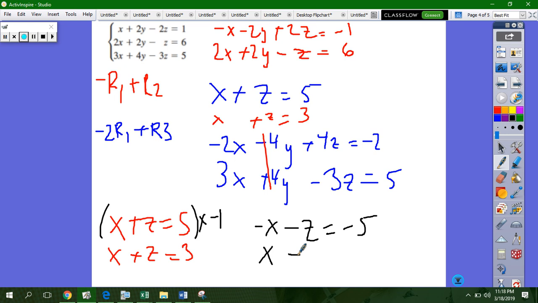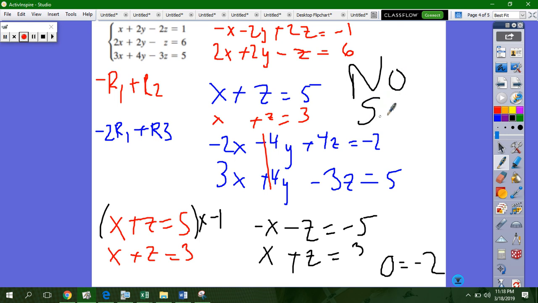X plus z equals 3. And notice when I add those two rows together, I get 0 equals -2. And can 0 ever equal -2? No. So this is a no solution. This is one of those cases where they might intersect at one point for two planes, but all three planes don't meet. So therefore, this is a no solution.